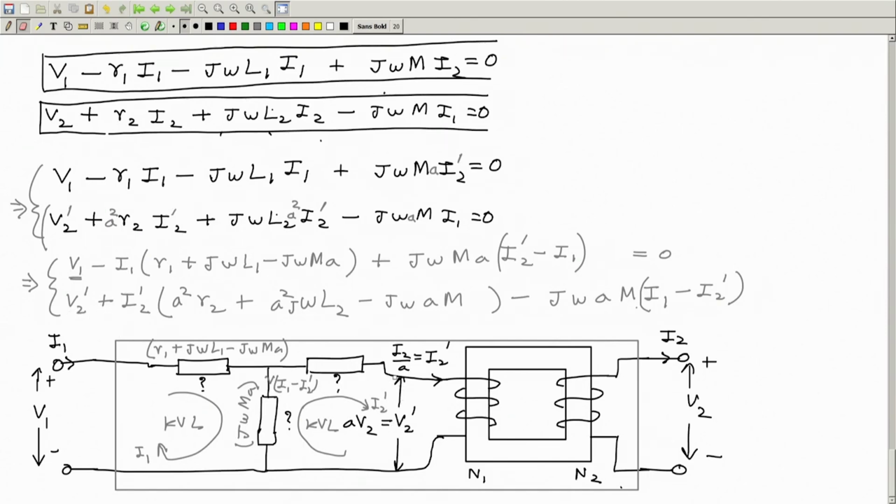So you see here I have, let's start from here. I needed this symbol, plus and minus. Okay, this is plus and minus because these are the dots also. So you see now the KVL equation says V2 drop here, then the drop here, this is j omega ma times, this is actually a rise because I1 minus I2 is flowing in this way.